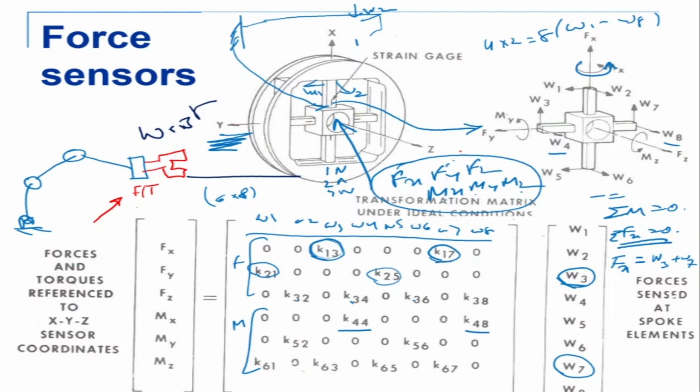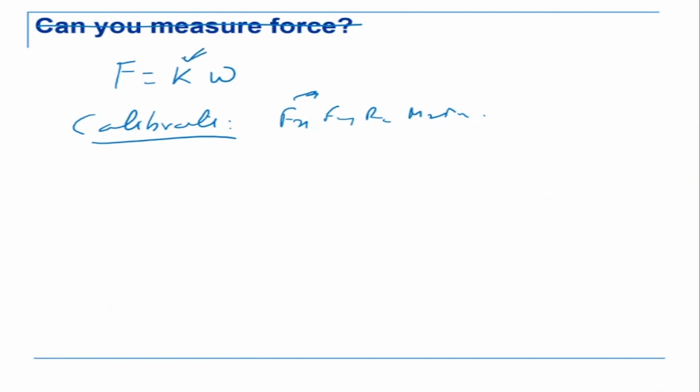Similarly for Fy and Fz, I need to do calibration. Similarly for Mx, My and Mz, I need to calibrate. After I calibrate, I can get these gain values. K13, K17 are variables or gains. I need to find out the value of these gains, and that I can do by calibrating. Once we calibrate, then I know the relation between them.